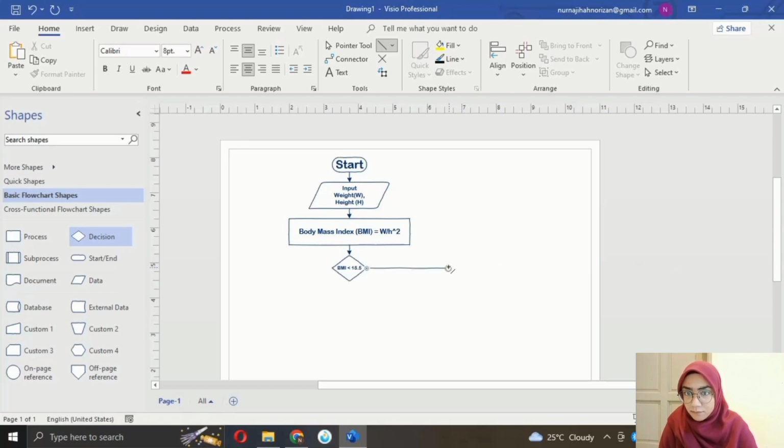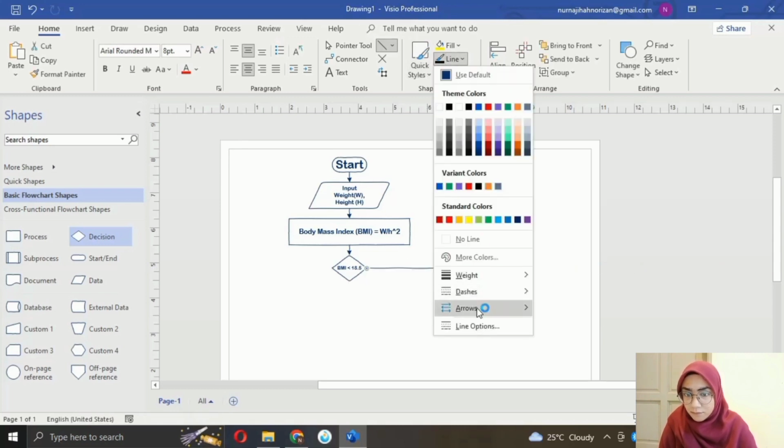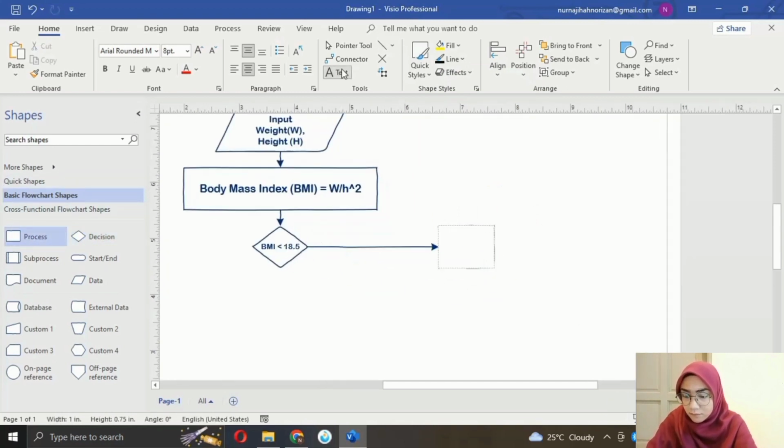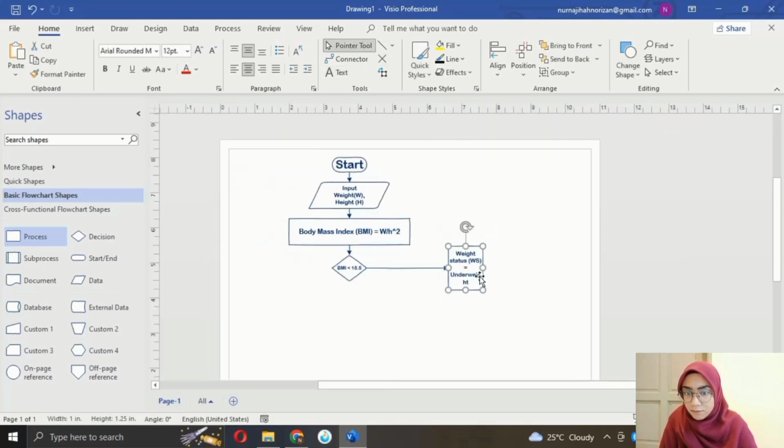Next, we move to another process, which is an arrow going to the right side and put another rectangle to show the process. The explanation is weight status WS equal to underweight. So if the BMI is below 18.5, it shows underweight.